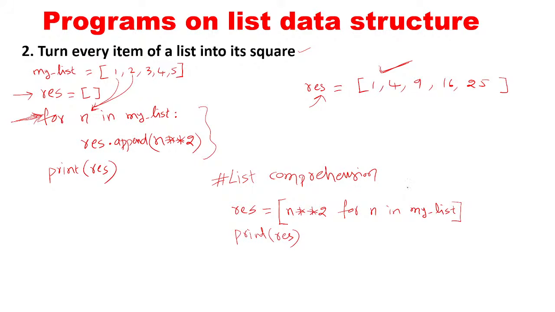If you write code this way, you have better chances of getting selected in an interview. This is how you should improve your code. Try to write efficient code wherever possible. Use list comprehension and your code looks good. Let us execute this.